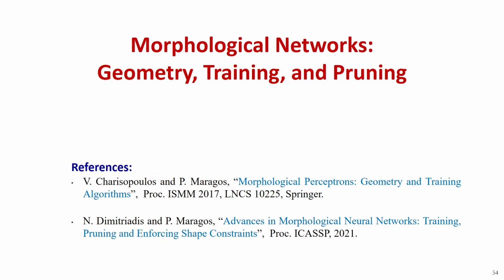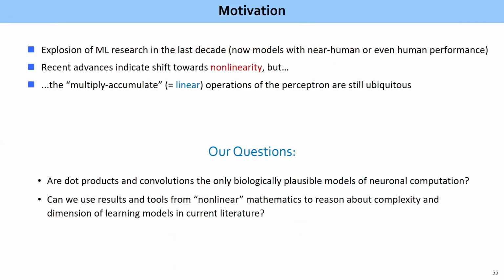Moving on now to the second class of neural networks that can benefit from these ideas. These are more traditional networks, morphological networks, as the word implies. Their nodes are essentially morphological operations. What's the motivation? Well, the multiply-accumulate, meaning the linear operation of the perceptron, is still ubiquitous.